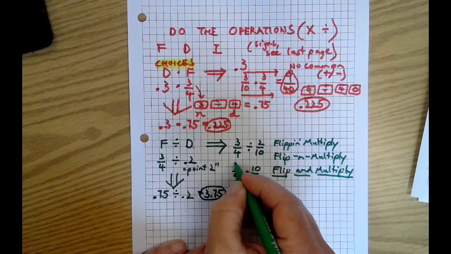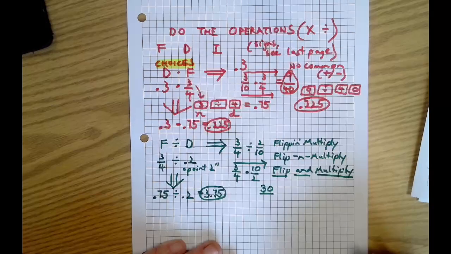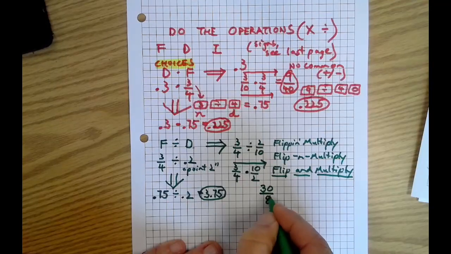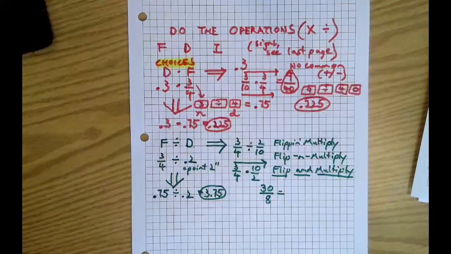Okay, so we're going to go straight across. 3 times 10. What is it? Yes. 4 times 2. Ocho. 30/8ths.